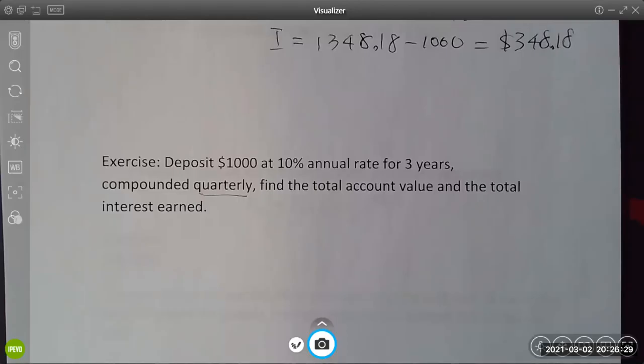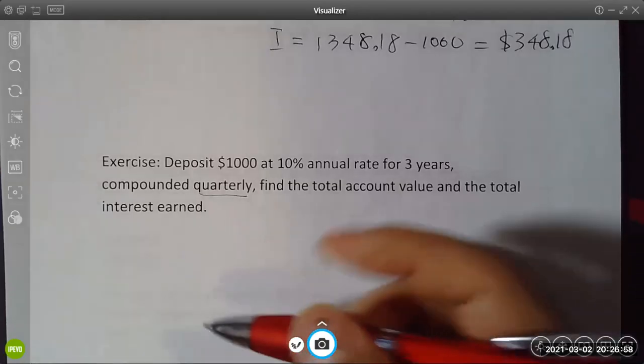When we compound it more often, monthly, we get $348.18 interest. That's an increase, right? Now we compound quarterly, 4 times. So 4 is between 1 and 12, right? So we can expect our interest earned will be more than $331, but less than $348 because it compounds less often than monthly. Let's see if that is true.